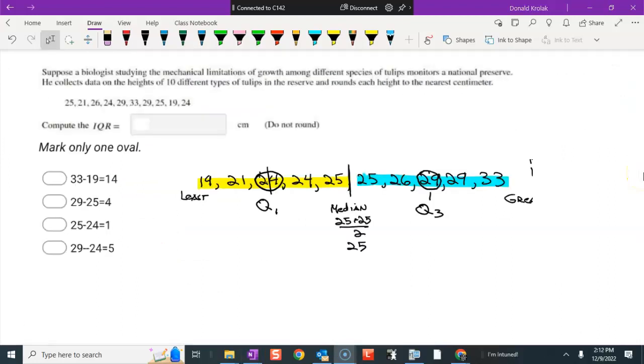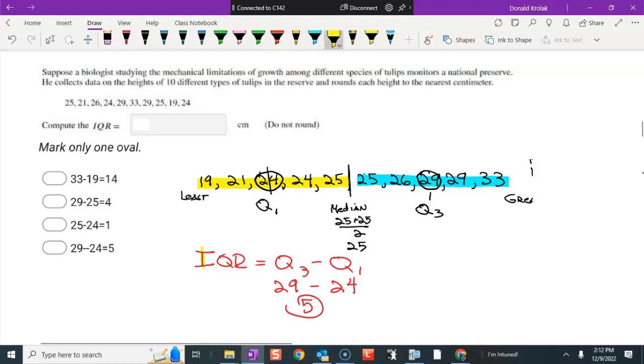Okay, so our IQR is the value of Q3 take away the value of Q1. Q3 is 29, Q1 is 24, so my IQR is 5.